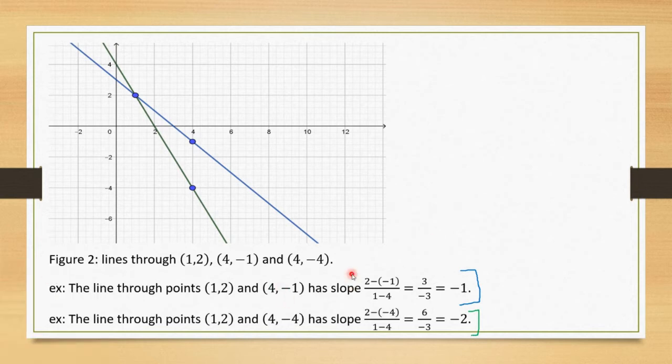All right, you can see how both lines pass through the point (1, 2). Not only that, the blue line is passing through (4, -1). So for the slope, I did 2 minus -1 over 1 minus 4.